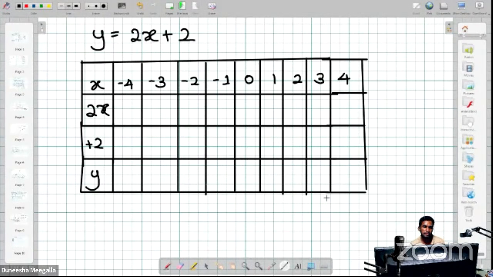Can you fill the answers? Harish, can you draw the graph of this equation? Okay, sir. Okay.